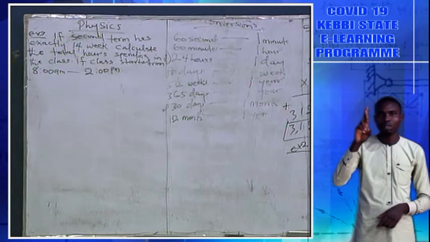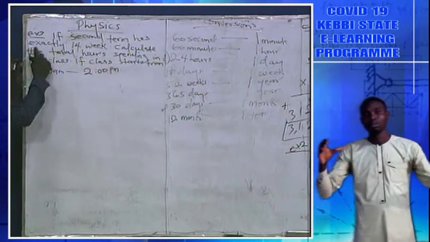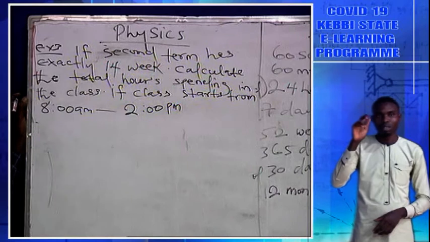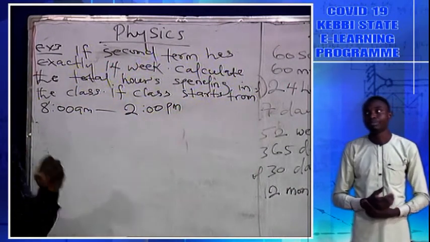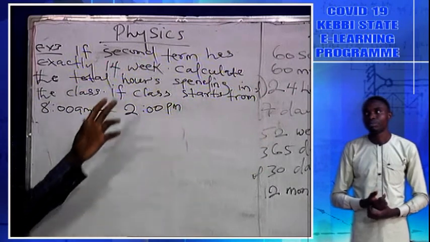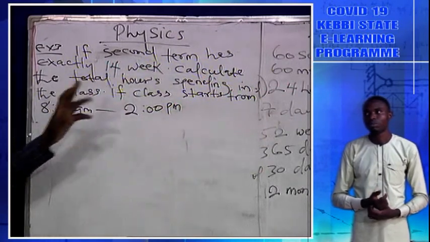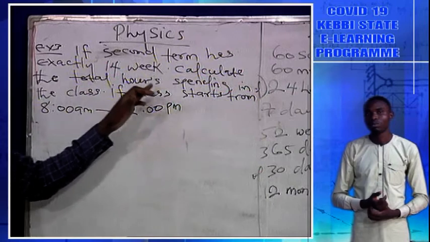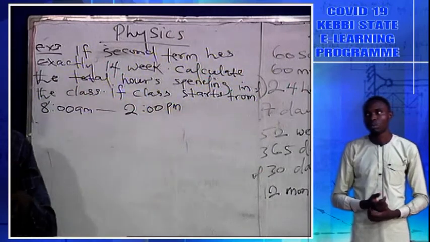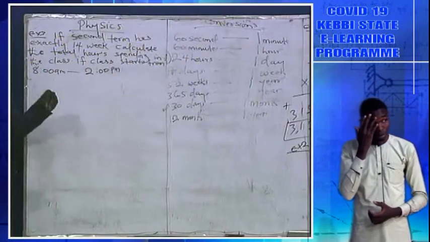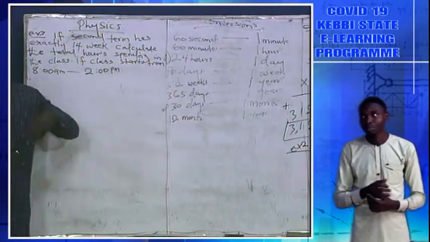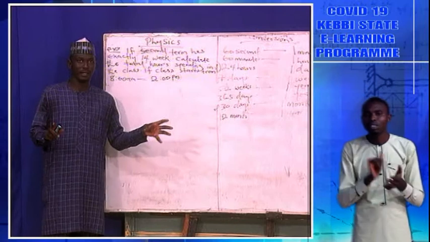If our second term has exactly 14 weeks, maybe we resume from the first week and close at week number 14. We want to know the total hours we are going to spend as a student in the class, regardless of time for breakfast, short break, and any other break.